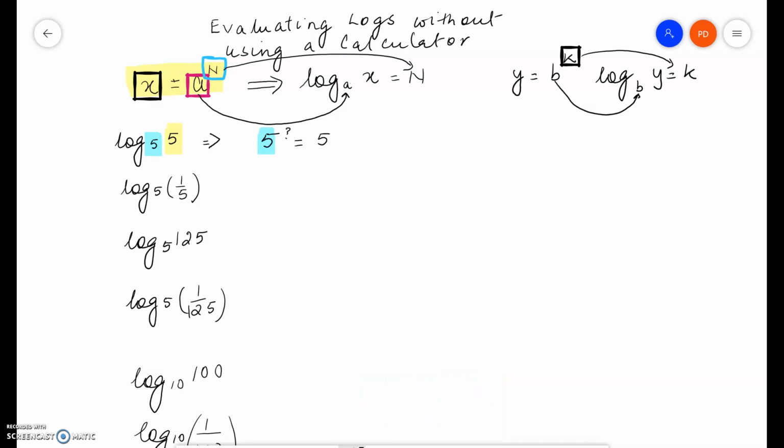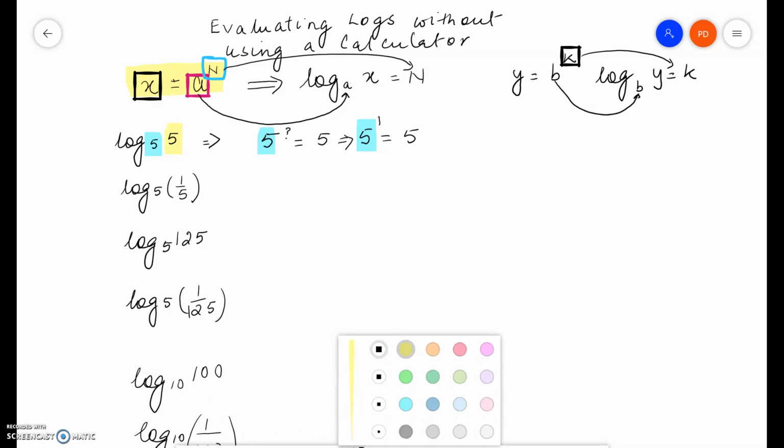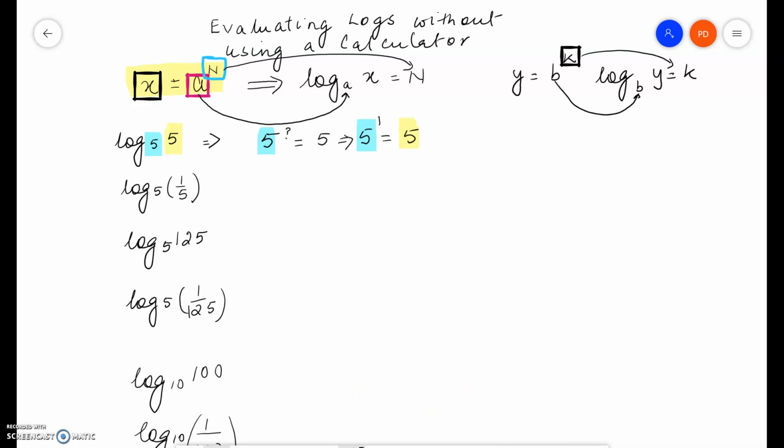The base is 5. 5 to the what is equal to 5. So the only number that we can fill that blank with is 5 to the 1 equals 5. So base to the 1 equals the number. So therefore, this is equal to 1.